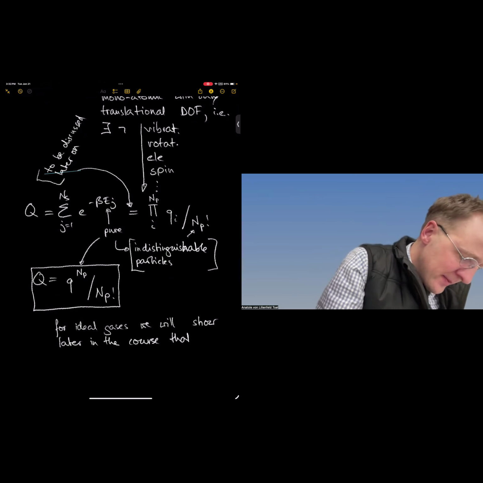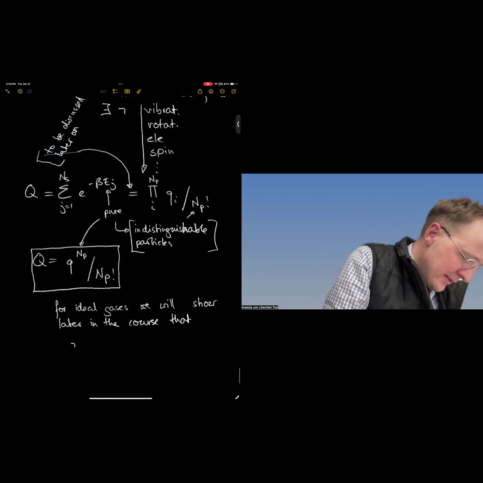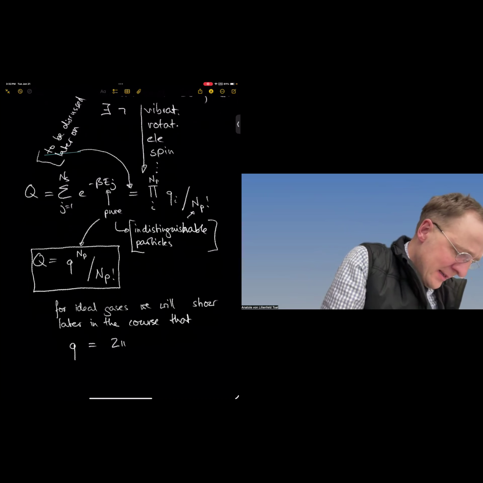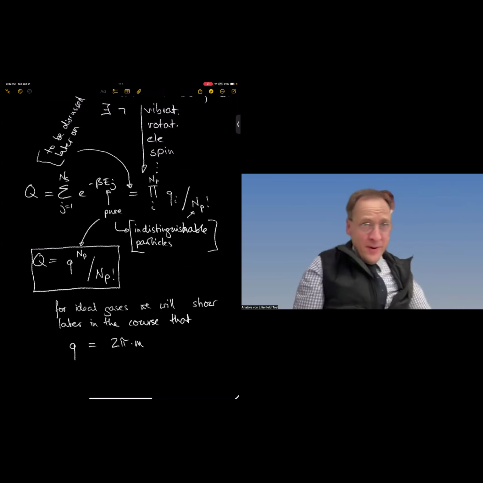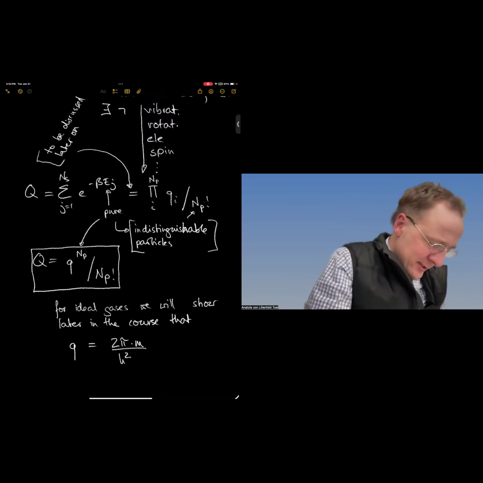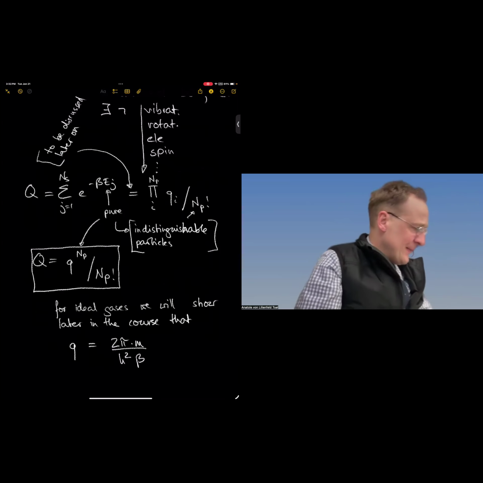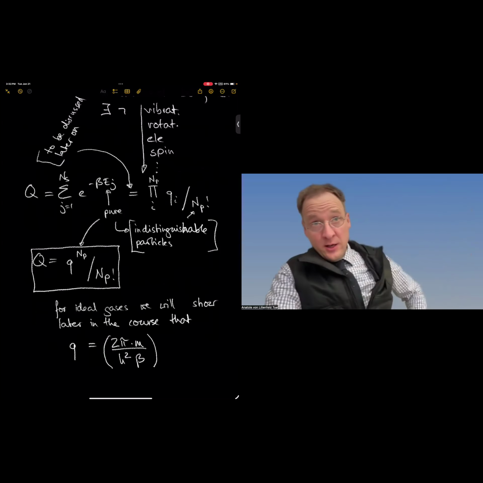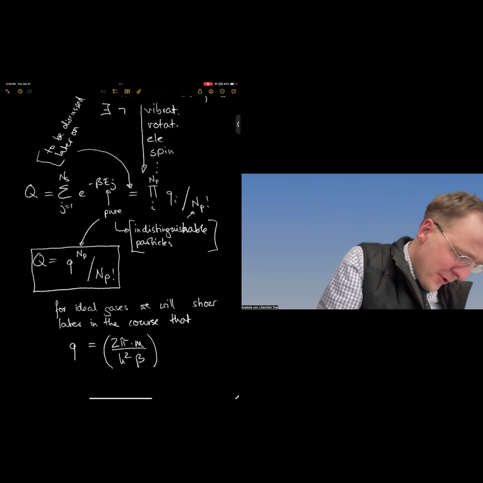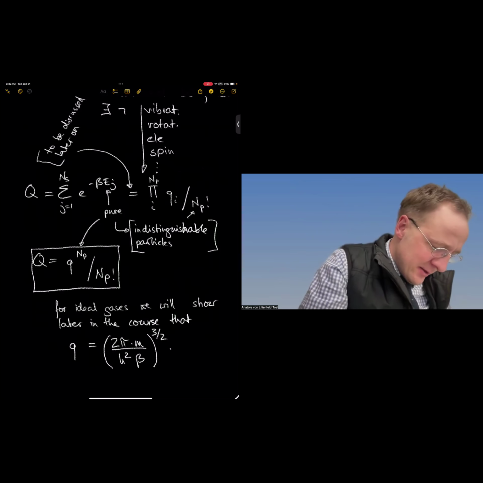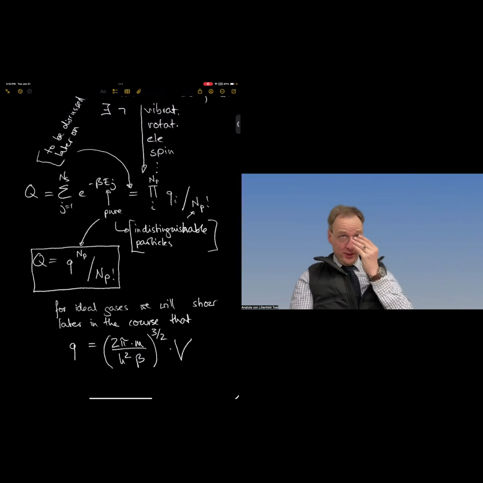that the small q is 2 pi times m, the mass of the particle, over h squared, Planck's constant squared, beta, our inverse temperature, to the power of three halves, times the volume. Okay.